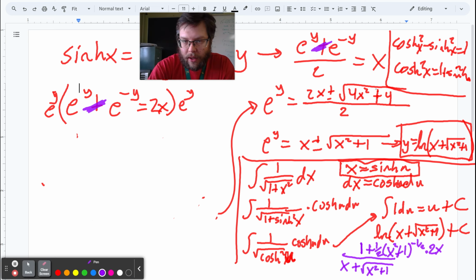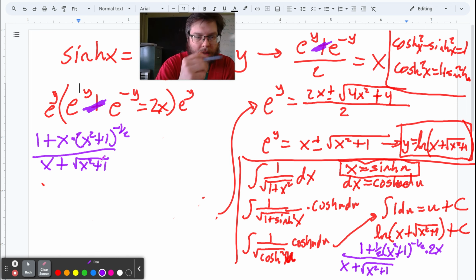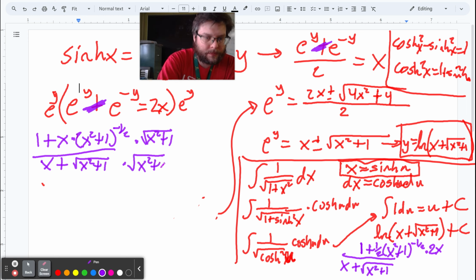So, okay, we can rewrite our derivative like this: 1 plus x times x squared plus 1 to the negative half, over x plus square root x squared plus 1. I'm going to multiply top and bottom here by square root of x squared plus 1, because that's going to get rid of some of the square roots.